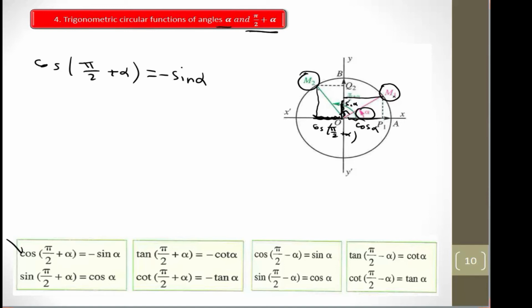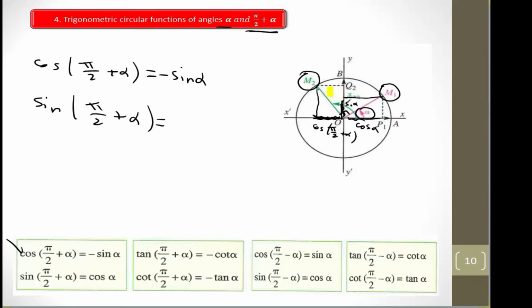Then let's check now sine of alpha and sine of pi over 2 plus alpha. Let's just write sine pi over 2 plus alpha. How can we deduce it from the trigonometric circle? Sine pi over 2 plus alpha is here. Let me write it in a different color.